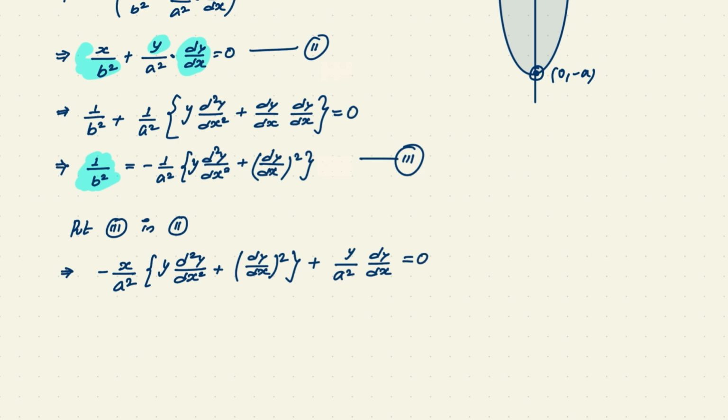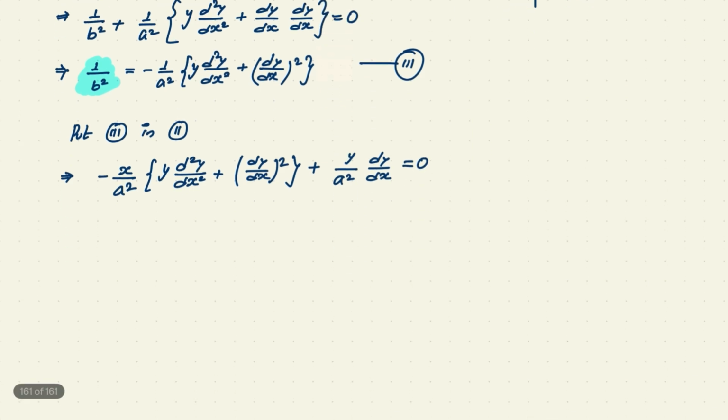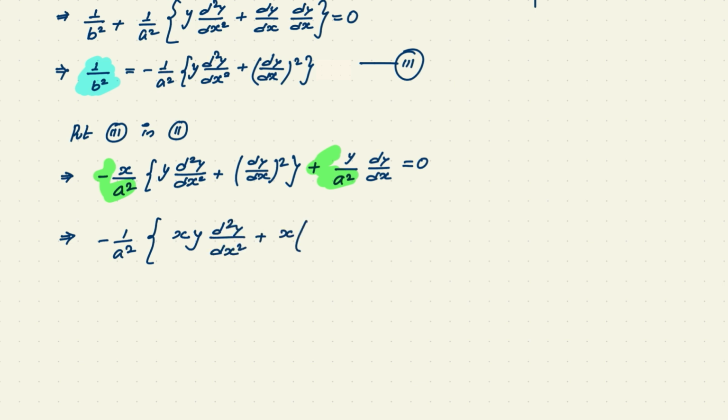Now to get rid of a square, we will take out minus 1 by a square common from these two terms, then we will have x, let us open the bracket there, then xy d2y over dx2 plus x into dy over dx whole square, and from this another term we will have y into dy over dx equals 0.